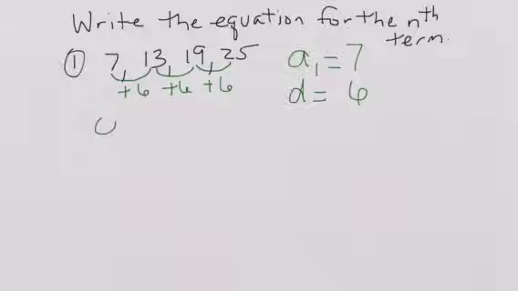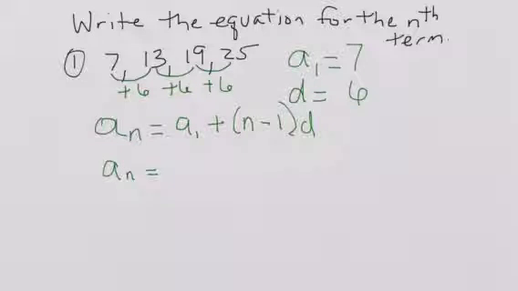So our formula is A sub n is equal to A1 plus n minus 1 times D. So An is equal to 7 plus n minus 1 times our common difference D, which is going to be 6. We're going to rewrite it so that we can do distributive.